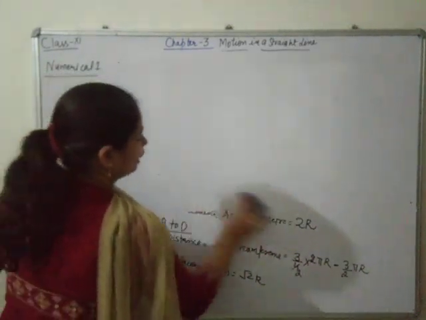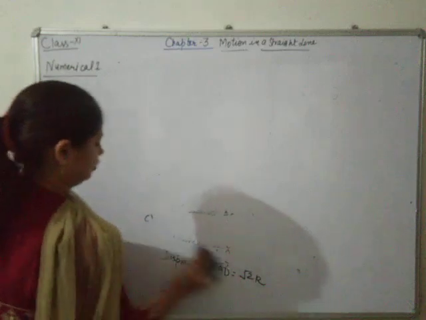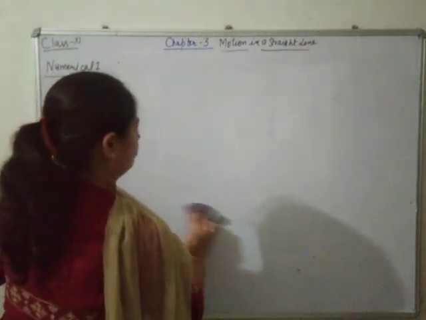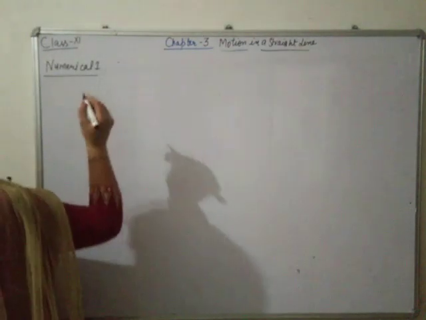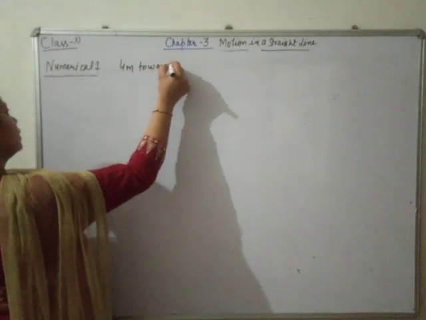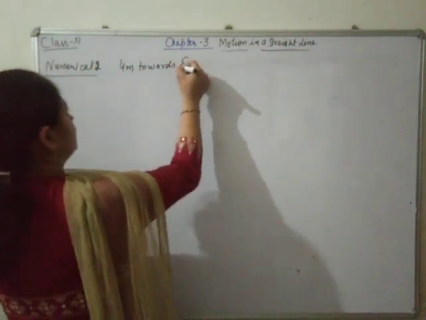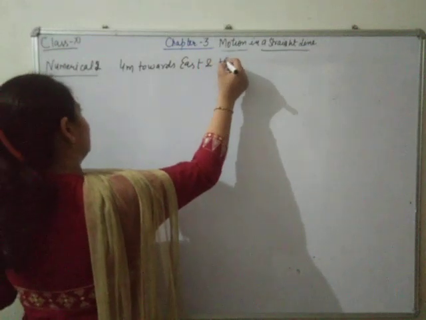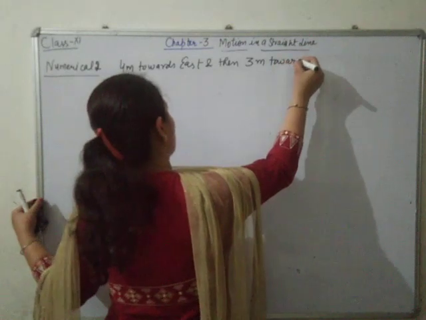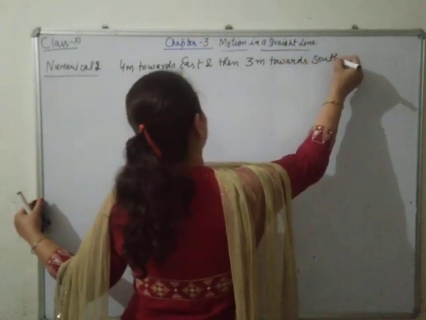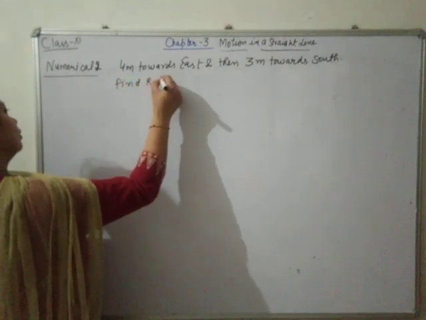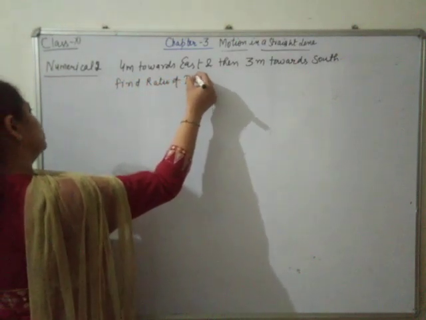What is the value of distance and displacement when a body moves 4 meter towards east and then 3 meter towards south? Find the ratio of distance to displacement.